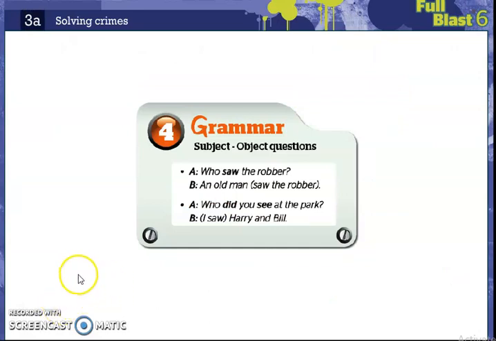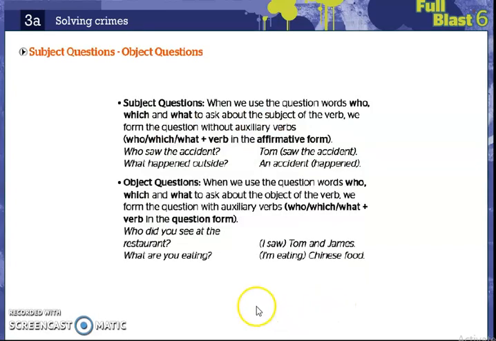Now let's turn to page 35 to the grammar part. Today's grammar is about subject and object questions. When you use the question words who, which, and what to ask about the subject of the verb, we form the question without auxiliary verbs.